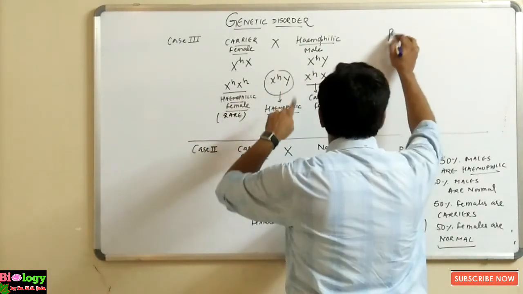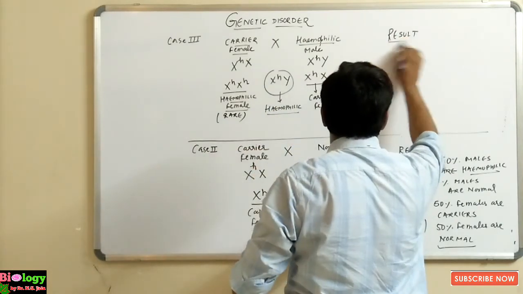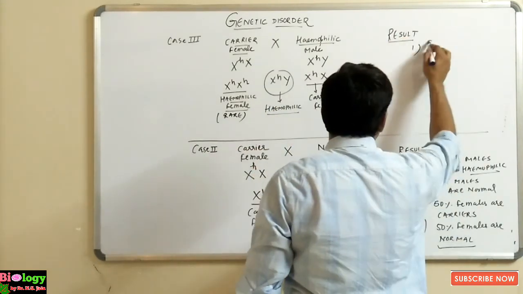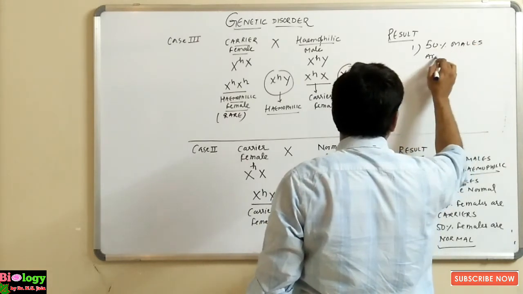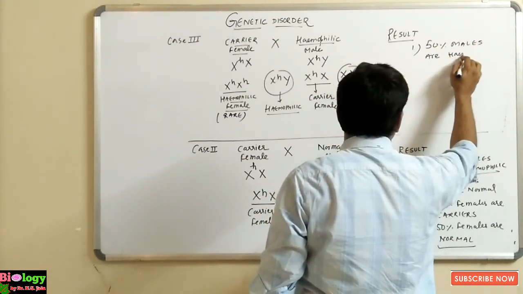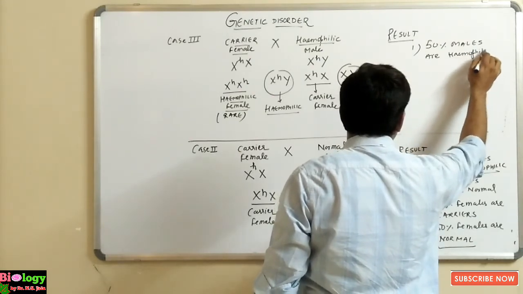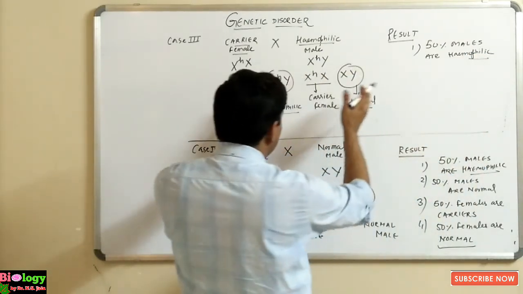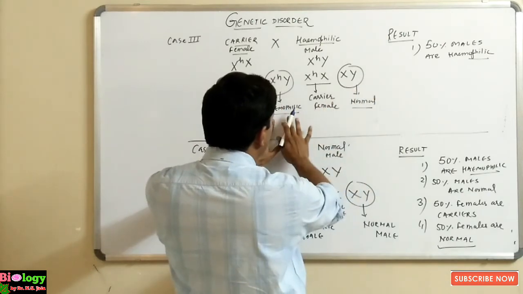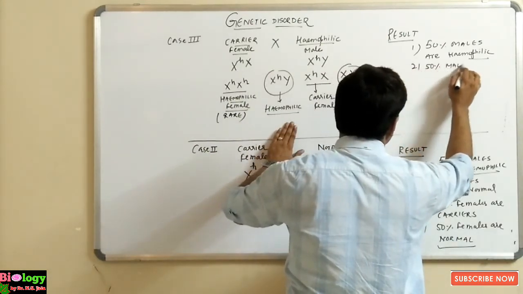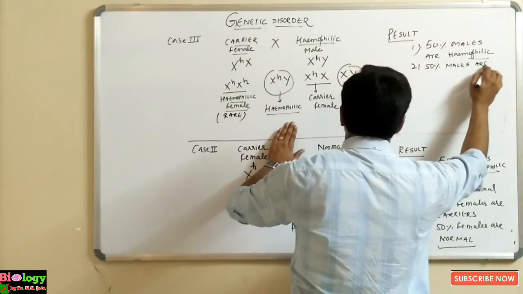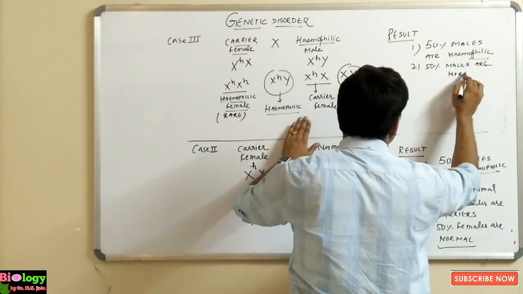Now after viewing this cross, you can get the result that out of the males, 50% males are hemophilic. Out of the total males, what you are viewing here, 50% are hemophilic and the rest 50% males are normal.